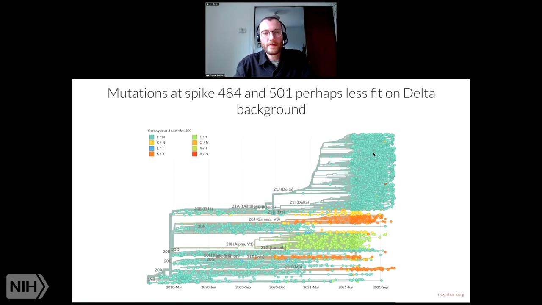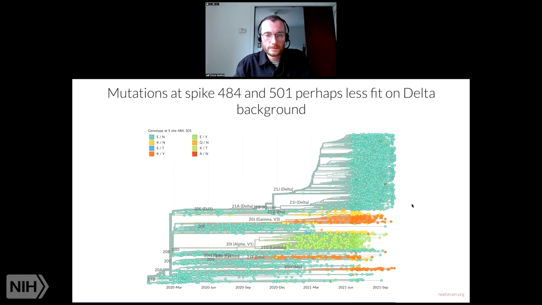However, in delta, we've basically not seen this. And it's not because it hasn't happened. We can easily find 484K and 501Y viruses within delta, but those aren't taking off. My best explanation is that there's an epistatic effect and these mutations are not as beneficial on the delta background, but this needs more study.